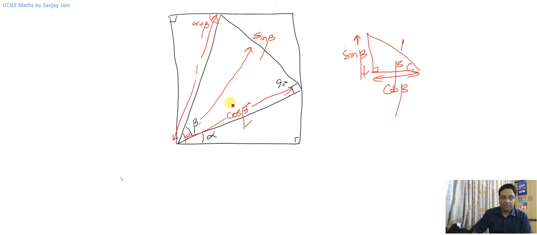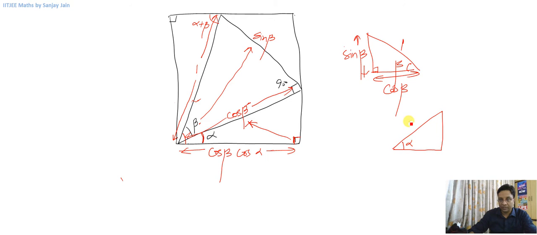Now look at this. This is cos beta, this is cos beta. So what will be this side here? This is 90, so the side opposite to 90, the hypotenuse, is cos beta, and this is angle alpha. So what will be this side? This will be cos beta cos alpha. You do not get confused here, because I've already told you that if this is r, this is r sine alpha.